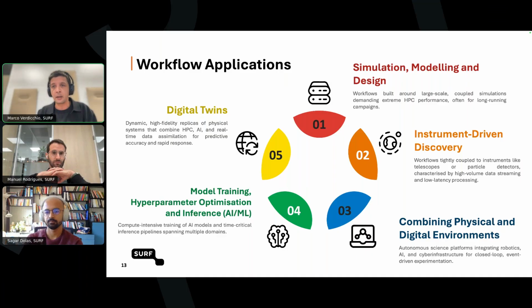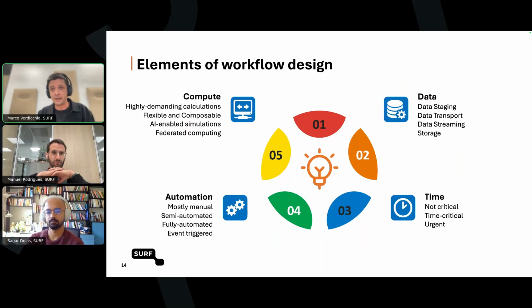We then analyzed these patterns based on 4 design elements that we identified as characterizing these applications: compute, data, time, and automation. Based on the characteristics of these different application workflows, we came up with a set of challenges.